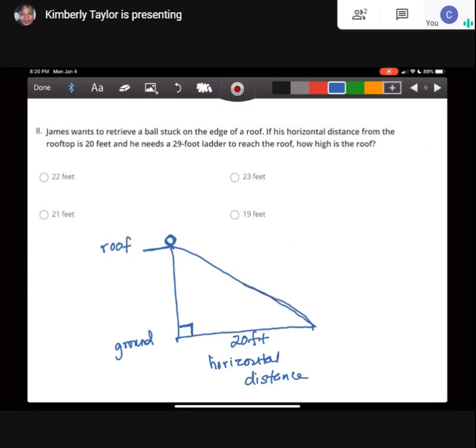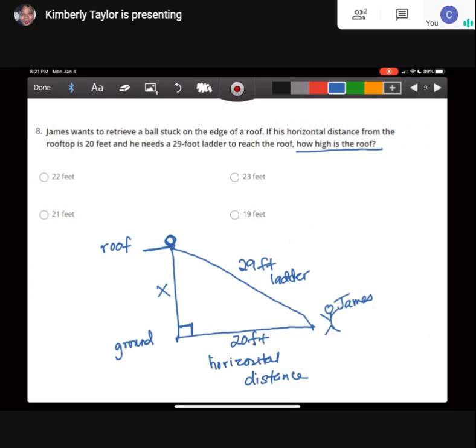So your ladder is going to be here, and that is 29 feet. Remember, this is your ladder over here. So that means that James is right here. This is James. Okay, so what we want to know is how high is the roof. So you want to find the height from the ground to the rooftop.